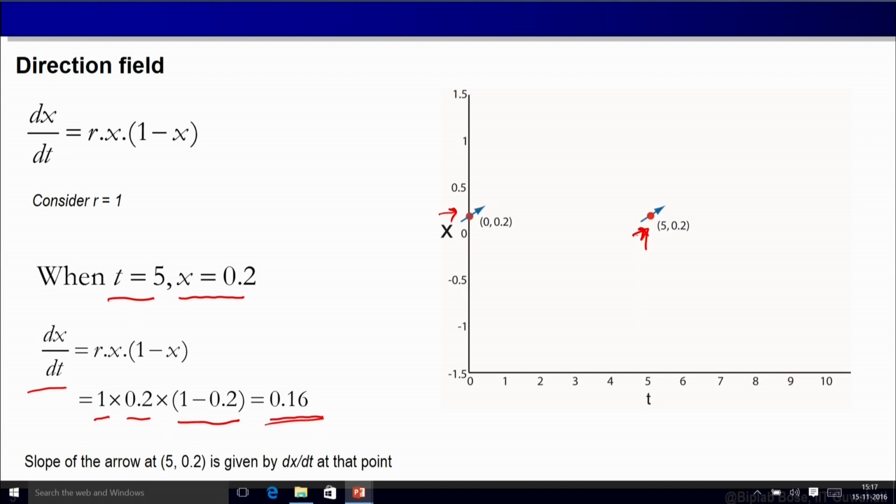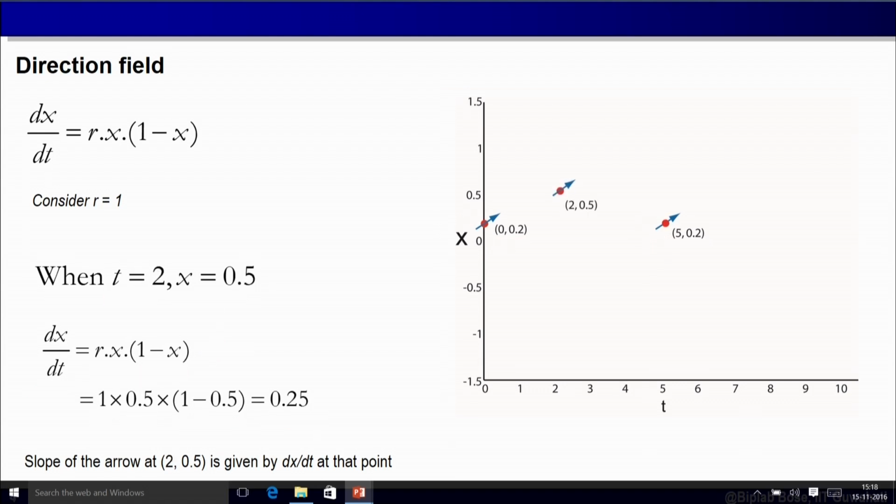That is because the ODE does not have any t term on the right hand side, and the only difference between these 2 points is that time has changed. In case of the first point, t is 0. In the next point, t is 5. But x has remained same at 0.2. So as the right hand side only has x term, does not have any t term, the slopes of both the arrows are same. Let us take another point somewhere else.